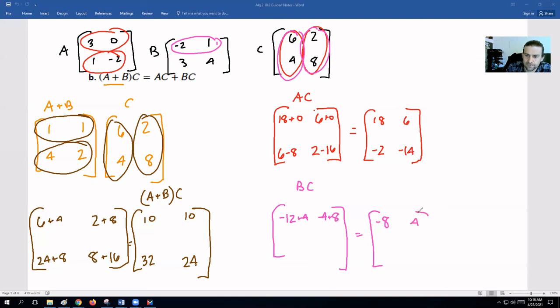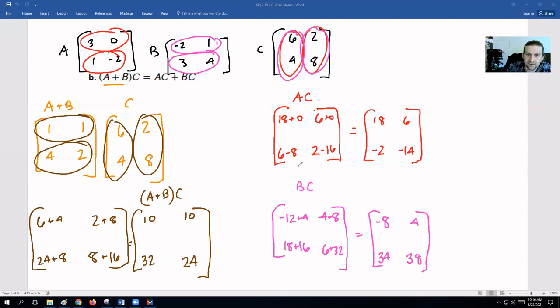Add them together, that'd be 4. All right, next. Second row, first column. 3 times 6 is 18. 4 times 4 is 16. Add them together, that would be 34. All right, and then last one here. 3 times 2 is 6. 4 times 8 is 32. If we add those two together, that would be 38.